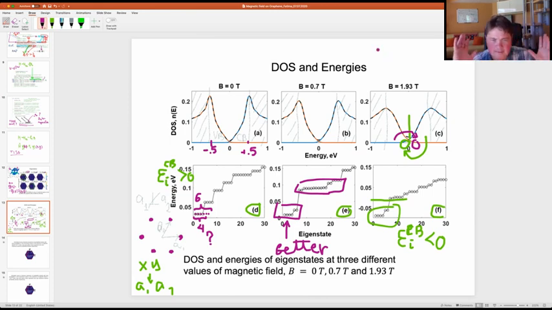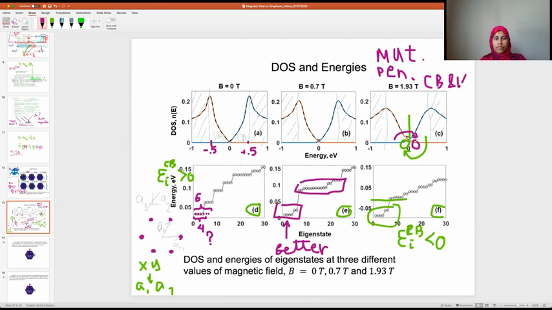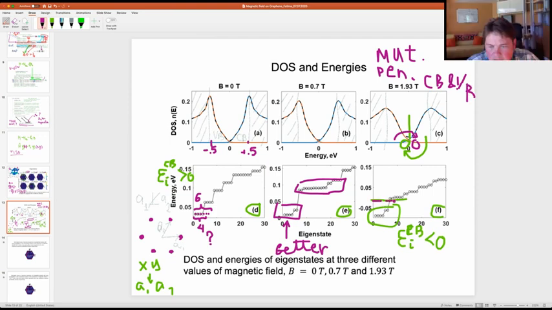So let's plan on thinking and discussing this at least between us and at most in the discussion section. So it seems like mutual penetration of conduction band and valence band, with these negative values of energy.